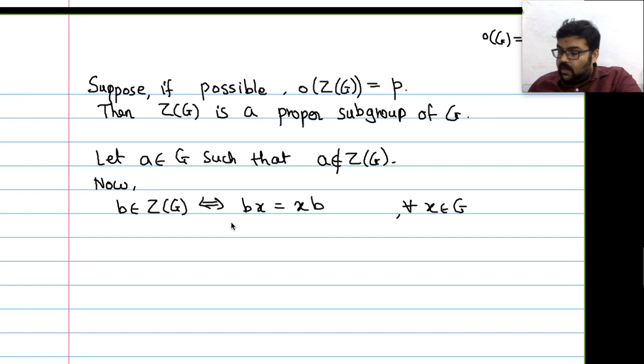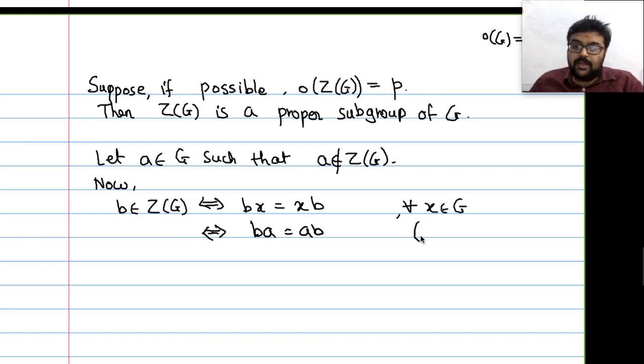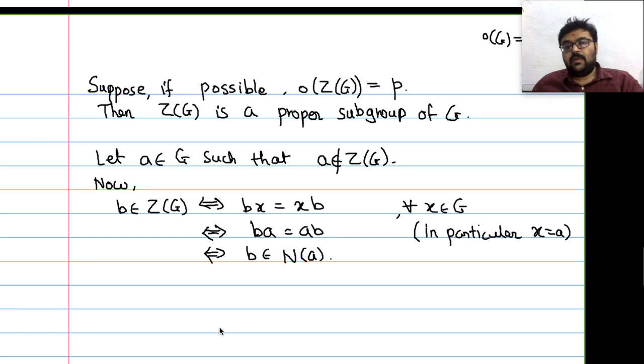So then we can write ba equals ab, because if it commutes with every element, in particular it commutes with a, in particular x equals a. So if b commutes with a, then b belongs to N(a).